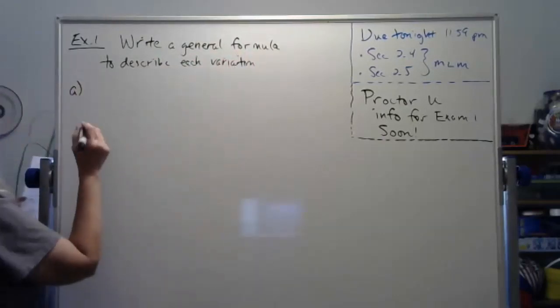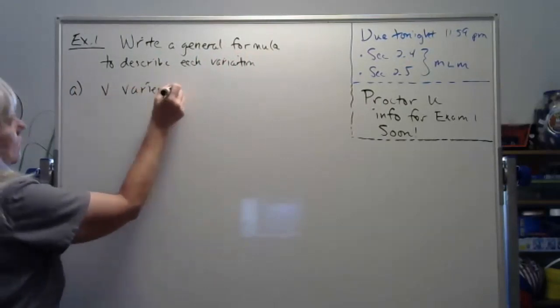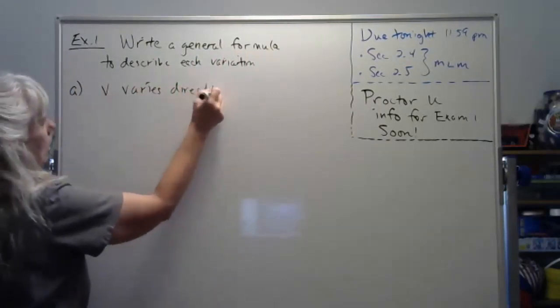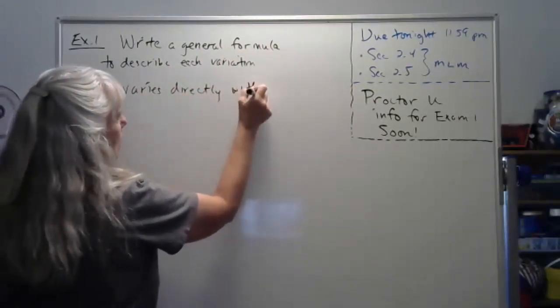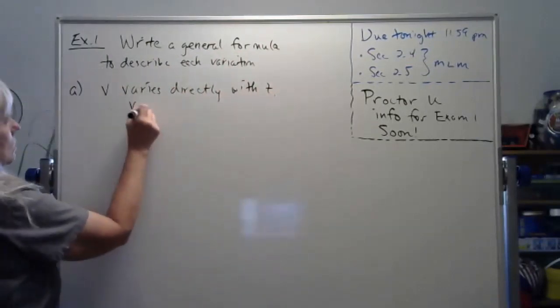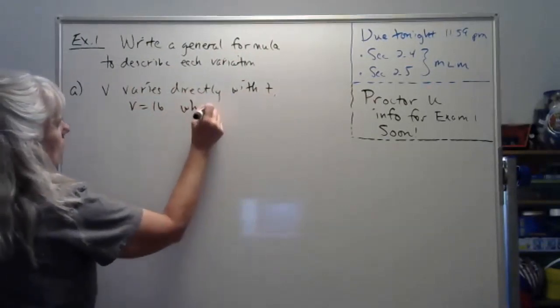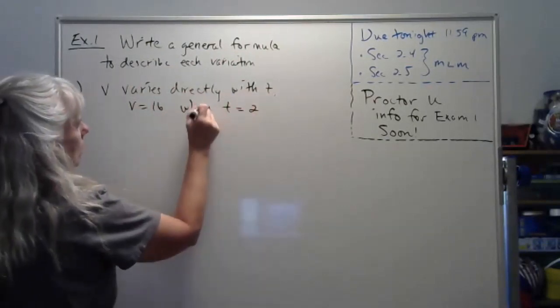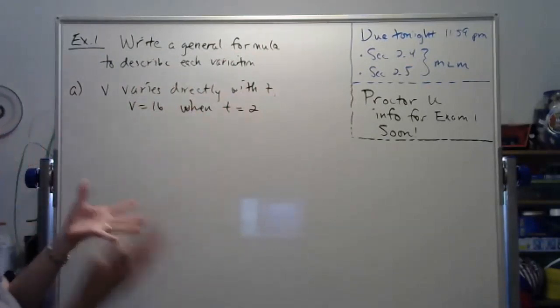So part A says y or v varies directly with t. And then it goes on to tell me that t or b equals 16 when t equals 2. So they give me a little bit more information than when we were talking about the types.